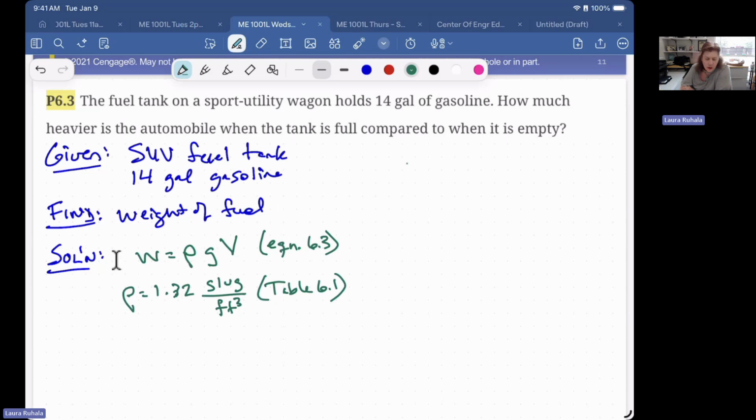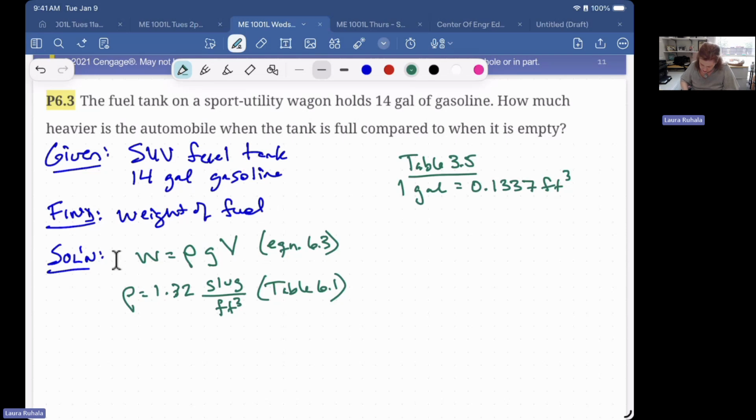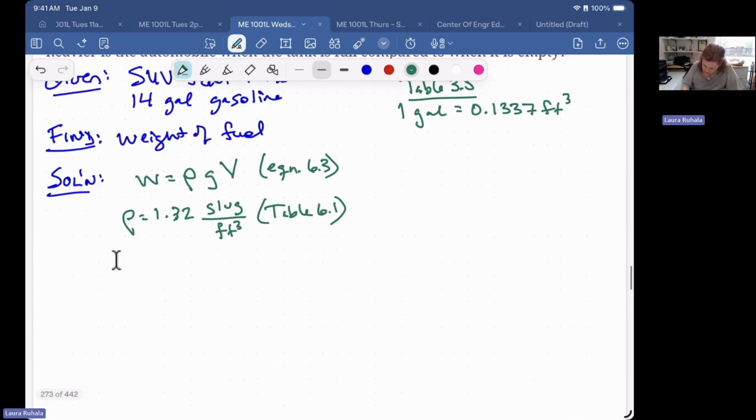Back in table 3.5, which we used in chapter 3, they had the conversion that 1 gallon is 0.1337 cubic feet.